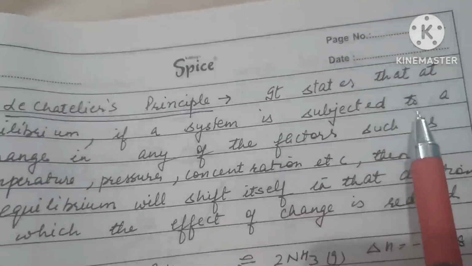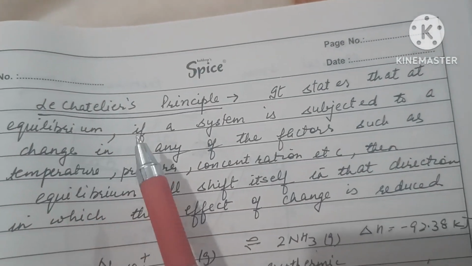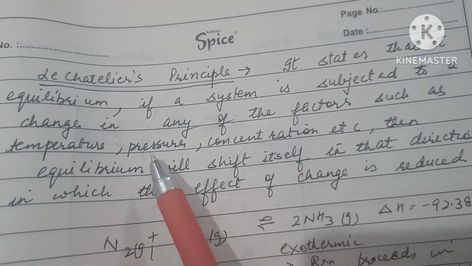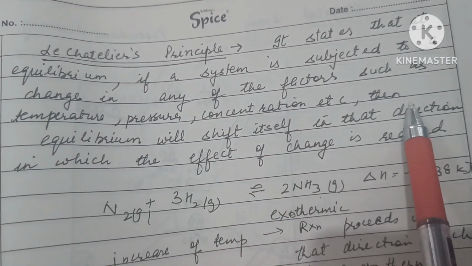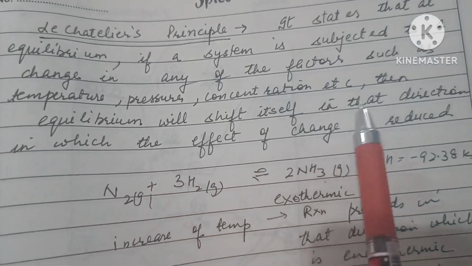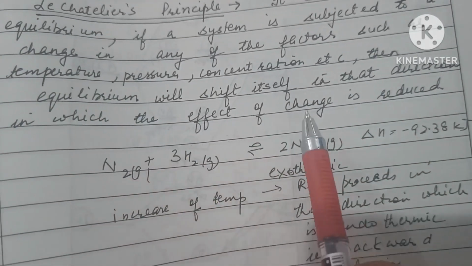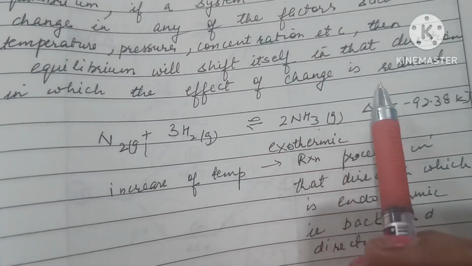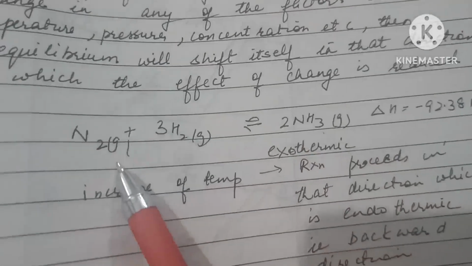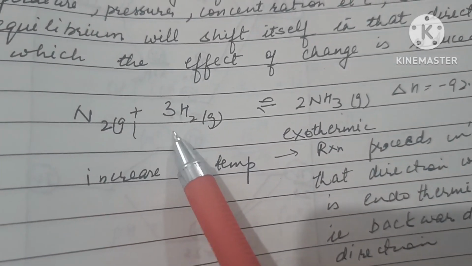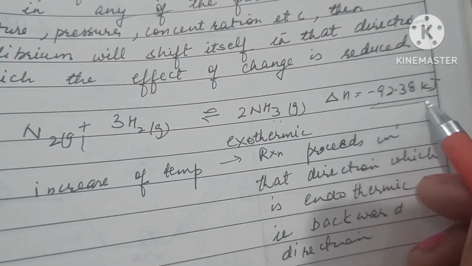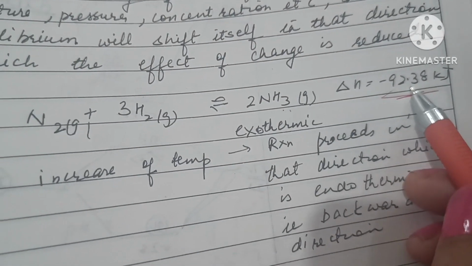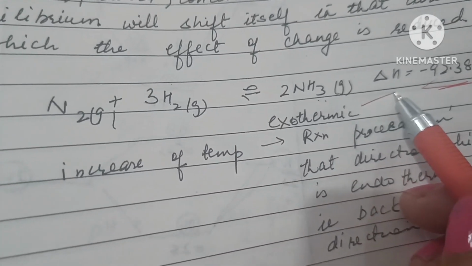Which principle predicts the effect of increase in temperature for the reaction? Le Chatelier's principle states that at equilibrium, if a system is subjected to change in any of the factors such as temperature, pressure, concentration, etc., then equilibrium will shift itself in that direction in which the effect of change is reduced. For example, this is the reaction N2 plus 3H2 gives 2NH3, and the value given is minus 92.38. That means the reaction is exothermic.